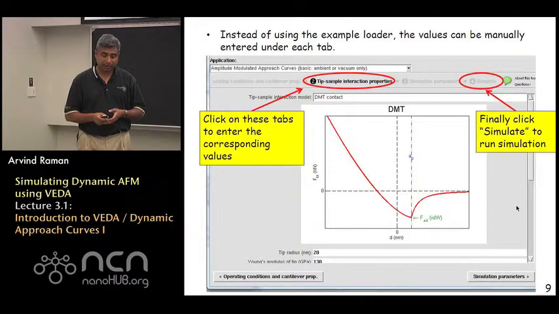And then the simulation parameters are described in more detail in the manual that you can access from VEDA. For the moment, we recommend to just go ahead with the default values. The simulation parameters are things like conditions and what time steps you need for simulation, and what tolerances and so on. So those are details, but for these example simulations, we have them preset to good default values.